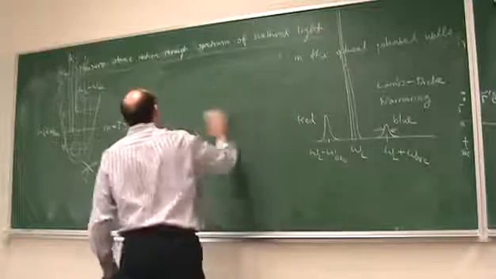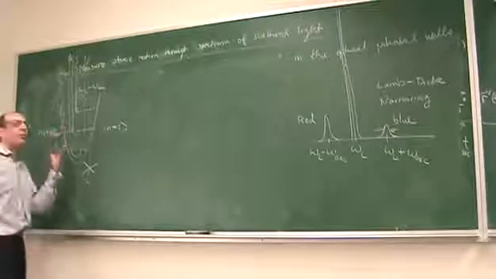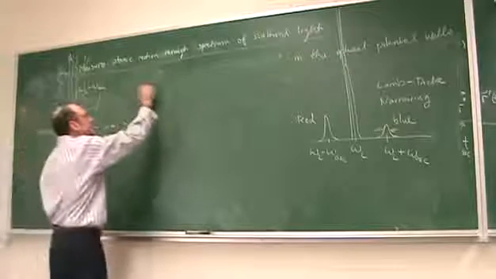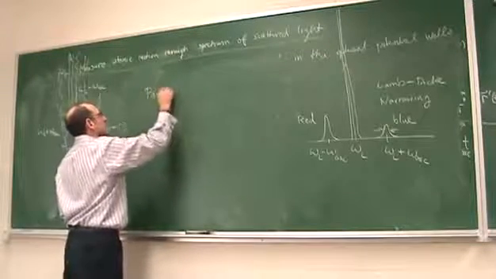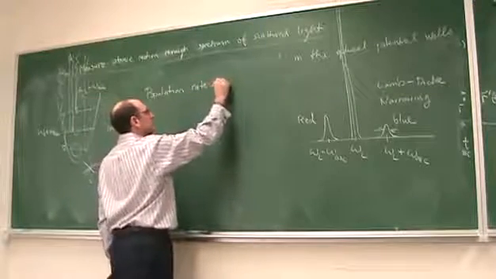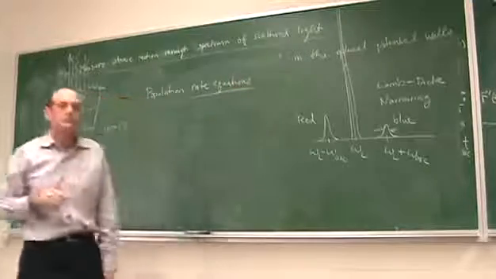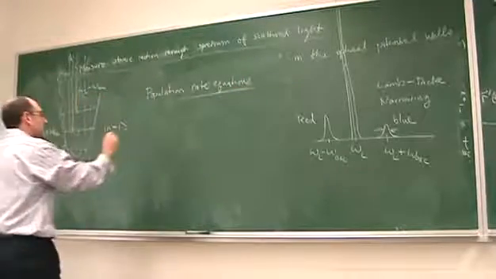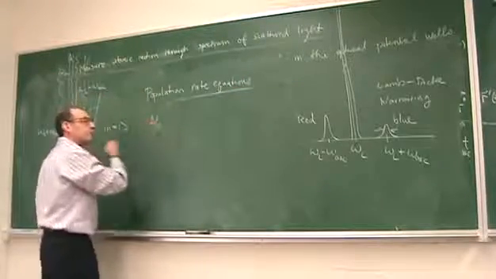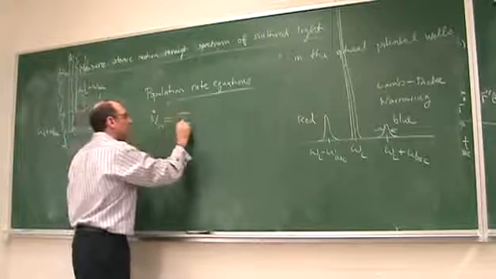So we can look at this problem now, thinking about it from the point of view of population rate equations. The population in the nth vibrational level changes as a function of time.